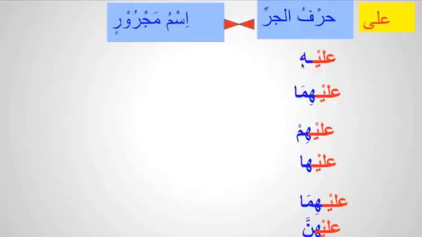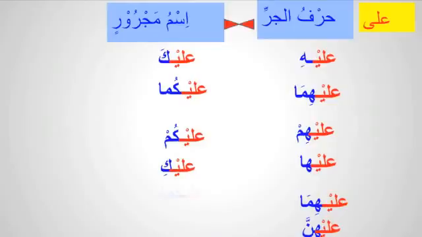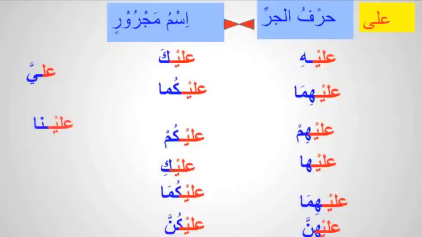It's still the same pronoun, just changed for phonetic reasons. So we say alaihima, alaihim. With other words, like minhum, it stays, but with alaihim, because of the ya, it becomes hi. Alaiha: ya and fatha are compatible, but ya and dhamma are not. Alaihima, alaihinna, alaika, alaikuma, alaikum, alaiki, alaikuma, alaikunna, alayya, upon me, alayna, upon us.